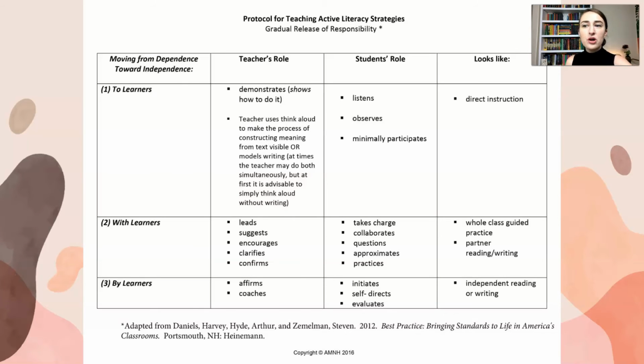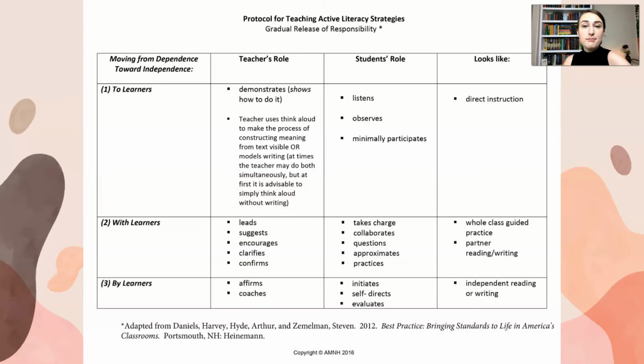So here's a protocol for teaching active literacy strategies. This includes interactive read alouds. We want to move from dependence to independence. You can check this little guide out to help you, but basically we're moving from direct instruction to independent reading or writing.